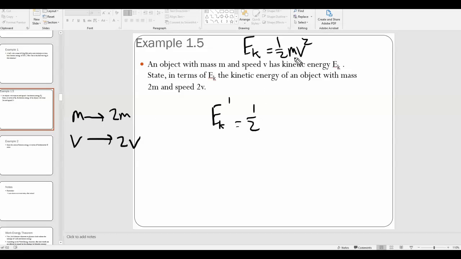So 1/2 times the mass, but now the mass is 2m, times the speed squared. Now instead of v squared, I'm going to do 2 times v and then square that. 2 squared is 4, 4 times 2 is 8, and then half of that is 4.